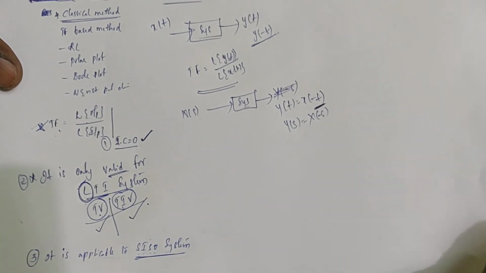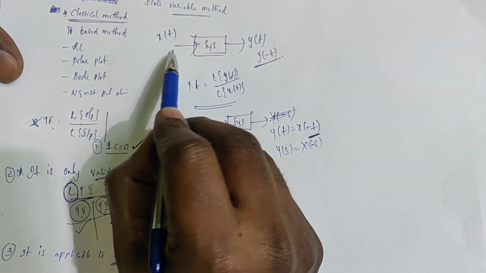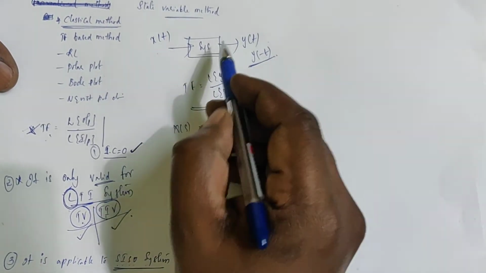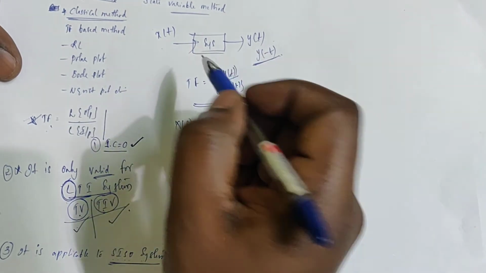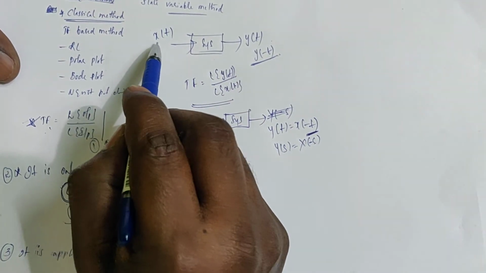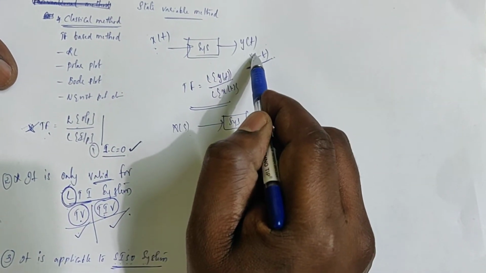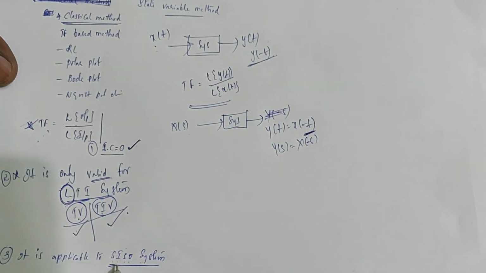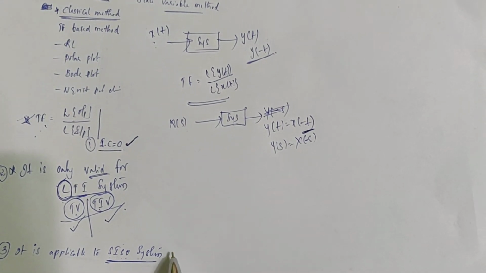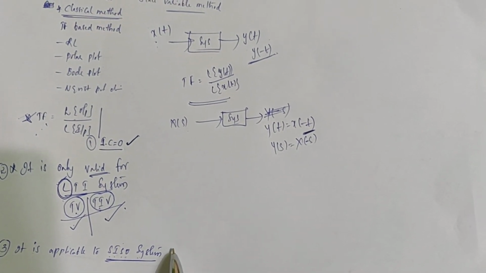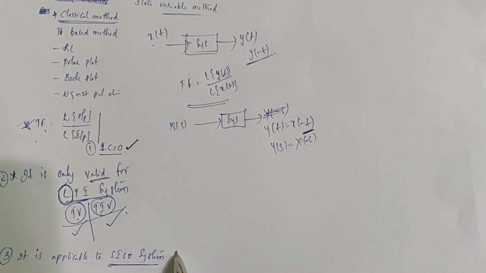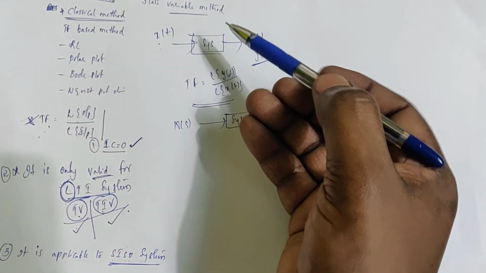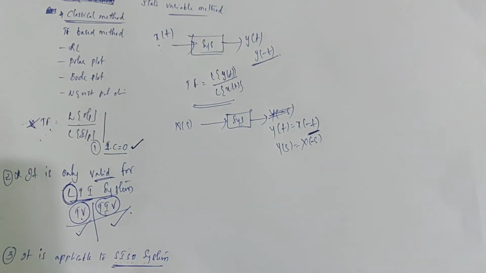For any system, the input is x of t and the output is y of t, and even if you give feedback, you get some error detector and so on, finally there is one input and one output. So the transfer function is applicable to single input, single output systems. That is also a limitation, a very important point that we overcome in state space analysis and state variable methods.